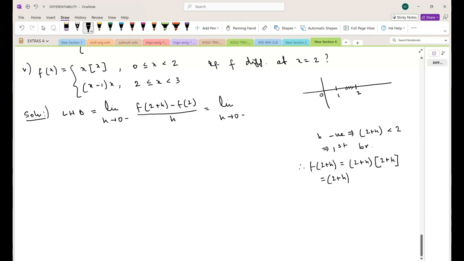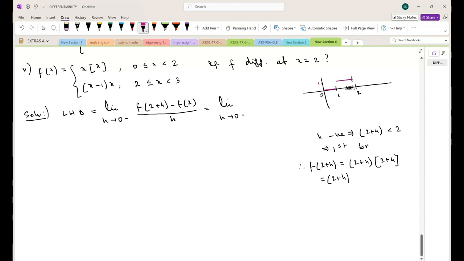Since h is negative, 2 plus h is lying here, less than 2. So box of 2 plus h is, if you recall the graph, it is like this here and then it is like this, right? So that is 1.